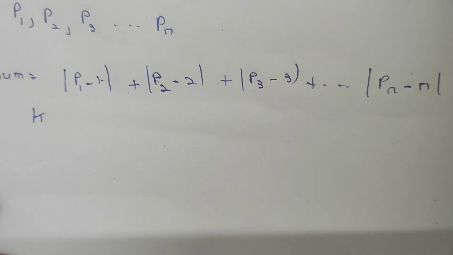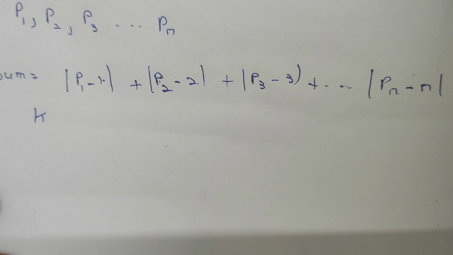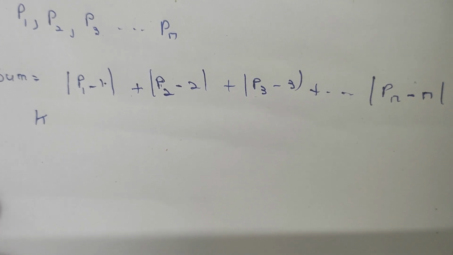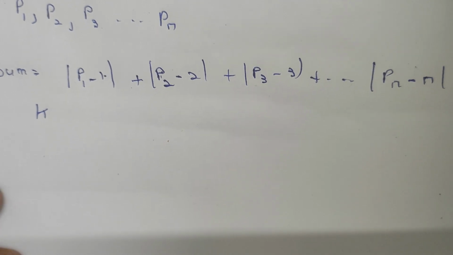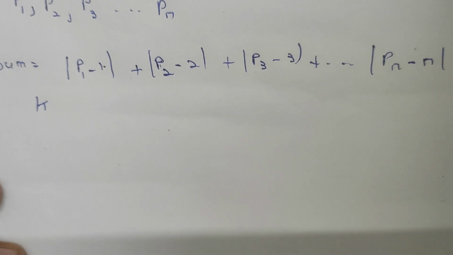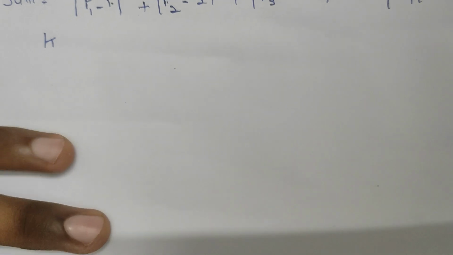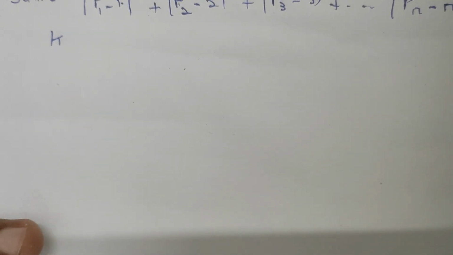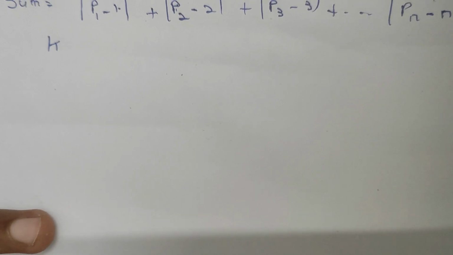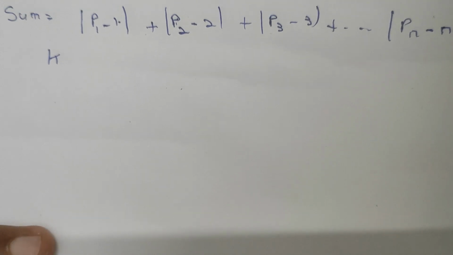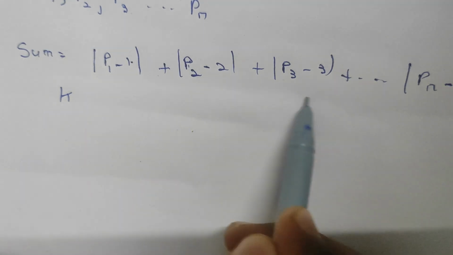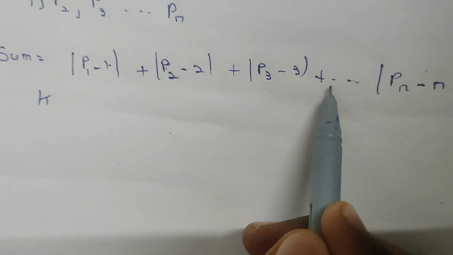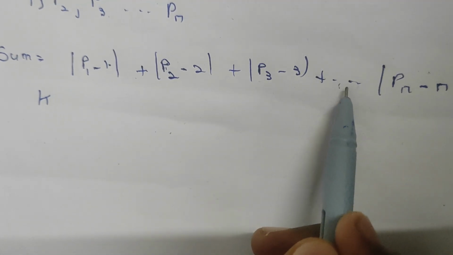You have to make some observations for this problem. One observation that helped me in finding the other observations was that the sum that we take like this will always be an even number.